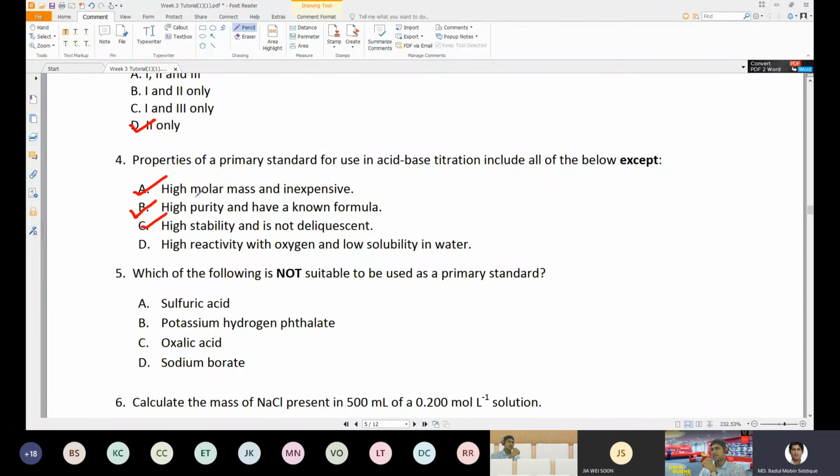All three are characteristics of a primary standard. But if the fourth is present in a compound, it cannot be considered a primary standard anymore. High reactivity to oxygen and low solubility in water, so it cannot be considered a primary standard.